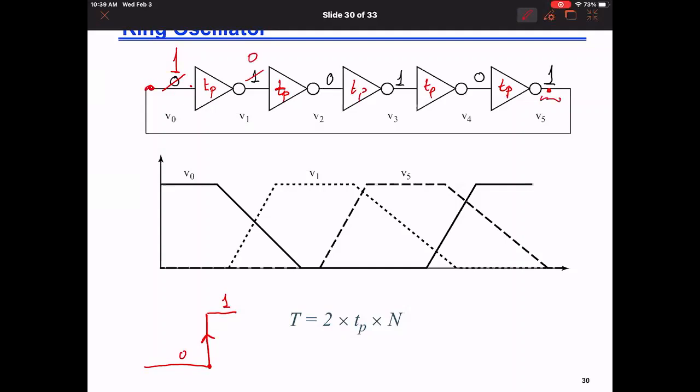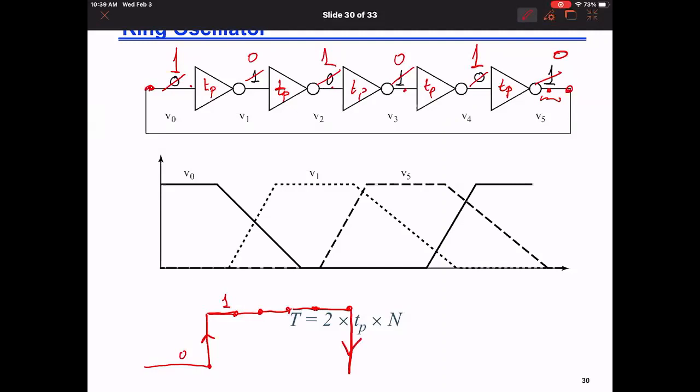So after 1 TP, this one becomes a 0. My output is still the same. Second TP, this 0 becomes a 1. My output is still the same. The third TP, this becomes a 0. My output at this node is still the same. The fourth TP, this one flipped to 1. The fifth TP, this one flipped to what? 0.